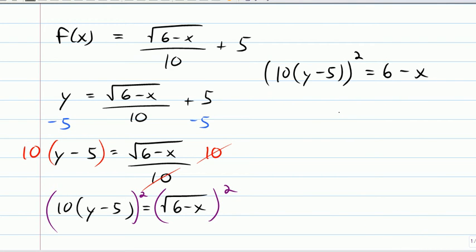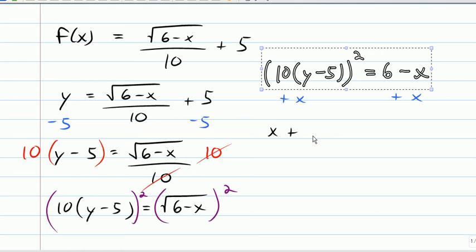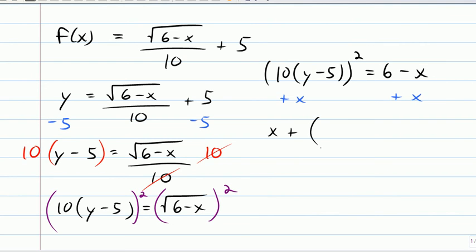Well, you want to isolate x, so I'm going to add x to both sides, so I'm going to make it positive. So I have x plus this whole thing. We can simplify this: 10y minus 50, squared, equals 6.